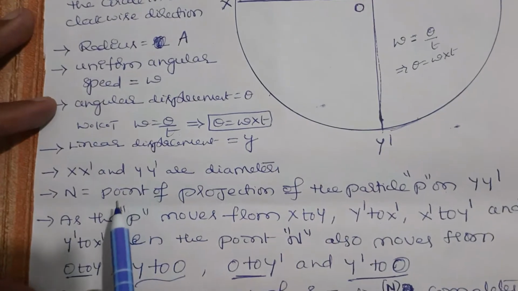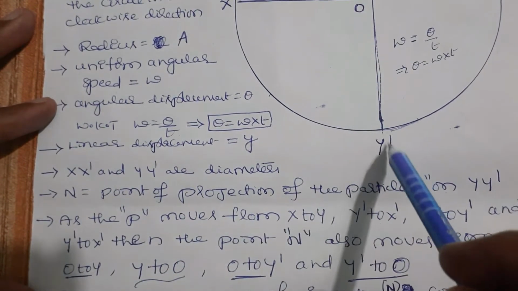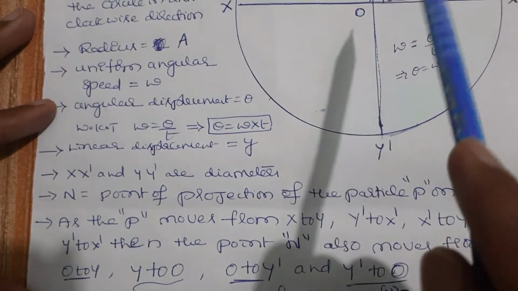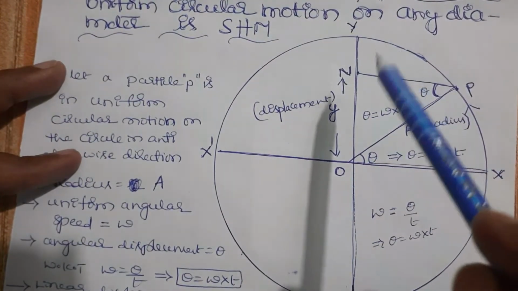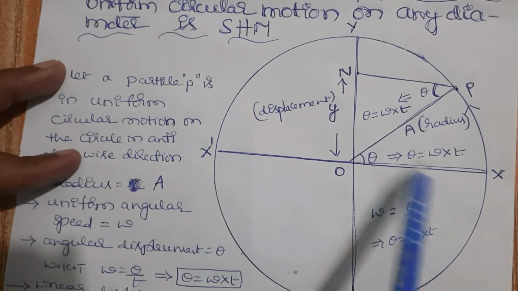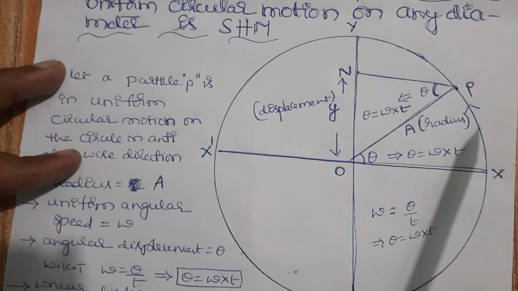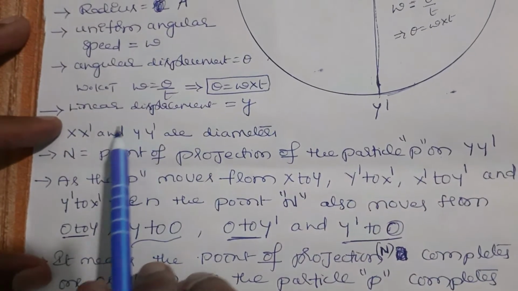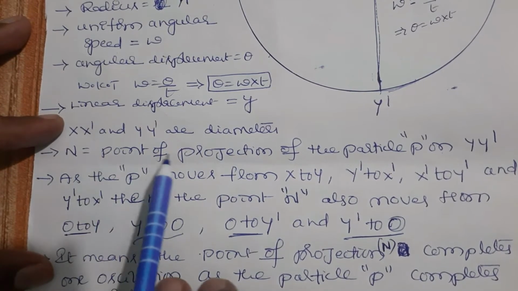You can see x and x dash, y and y dash are diameters. y and y dash is the vertical diameter, and x and x dash is the horizontal diameter. In the figure it is written x and x dash, y and y dash are diameters.